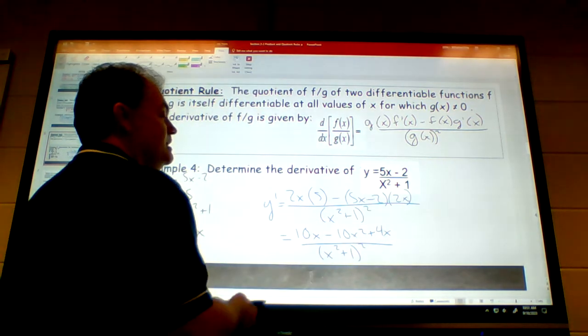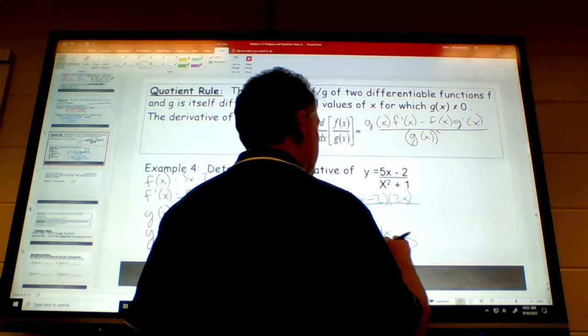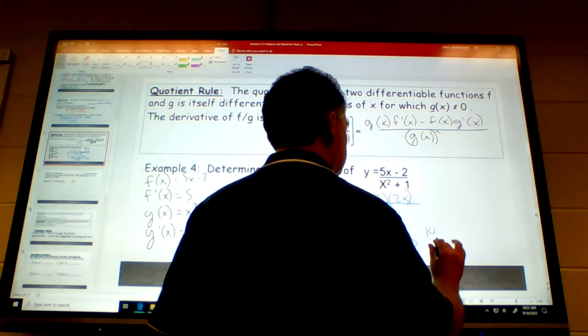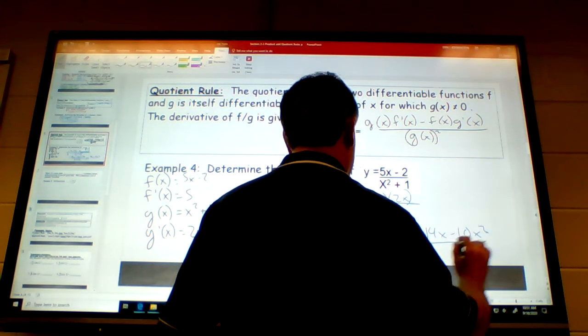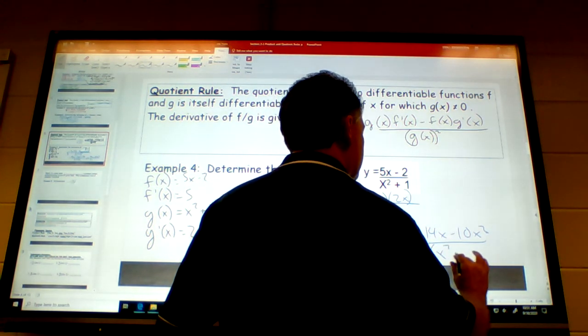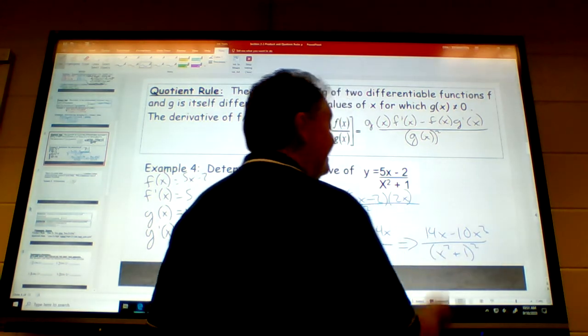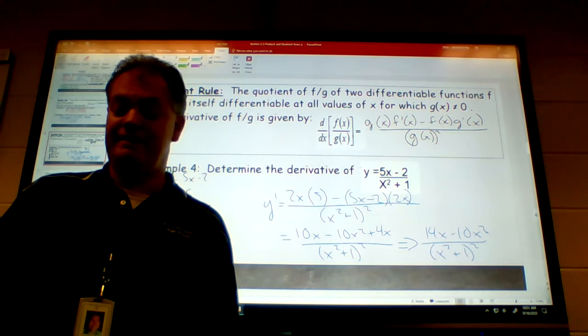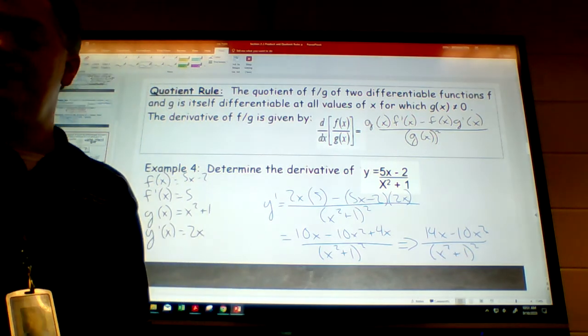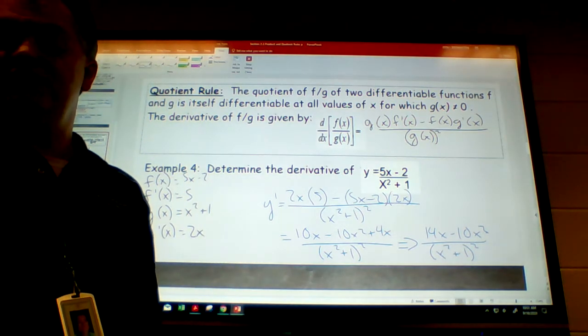And then we simplify the algebra and we get 14x minus 10x squared all over x squared plus 1 squared. Now I can leave it at that. I could probably simplify it down further, but don't worry about that right now. Just leave it like that and it's good to go.